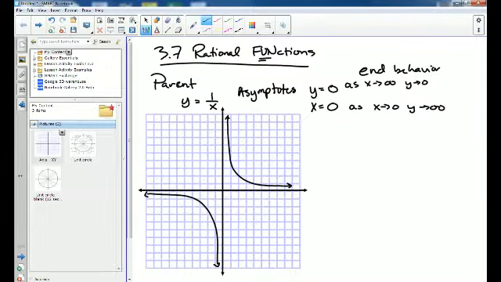Does y equals x squared have any asymptotes? No, because this approaches infinity, correct? If this approaches infinity on both sides, we have no asymptotes. Again, that's the main point of today. So what about this one?